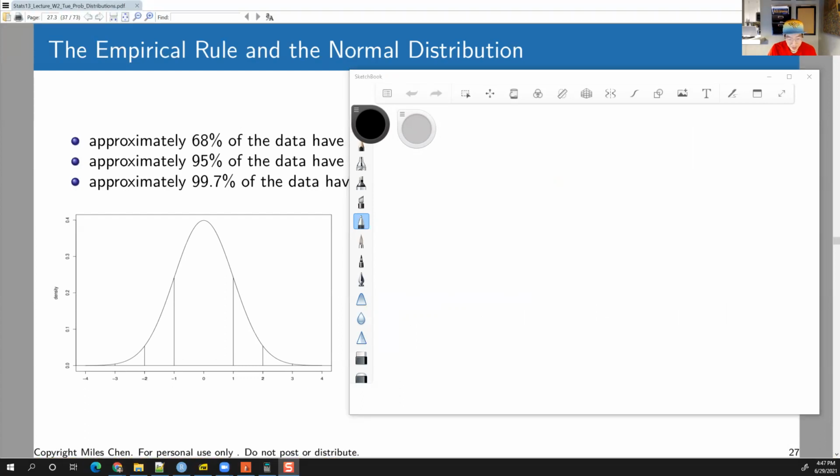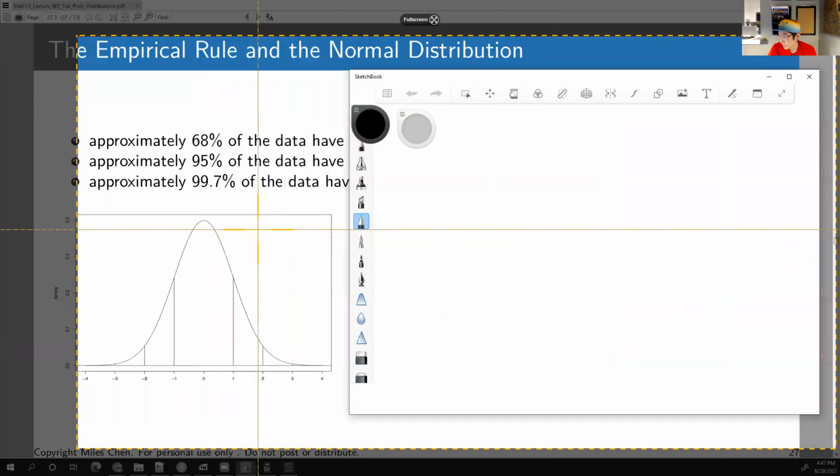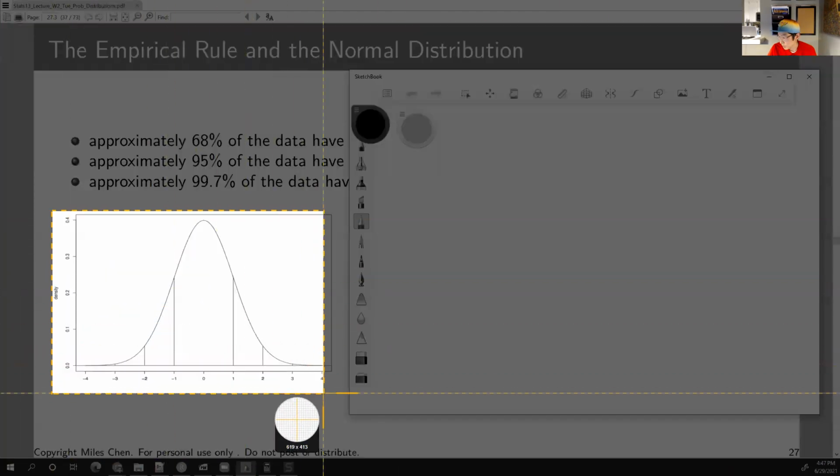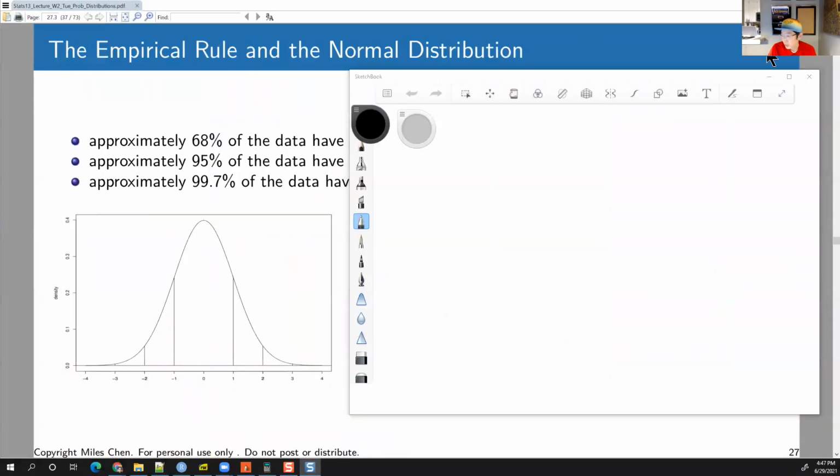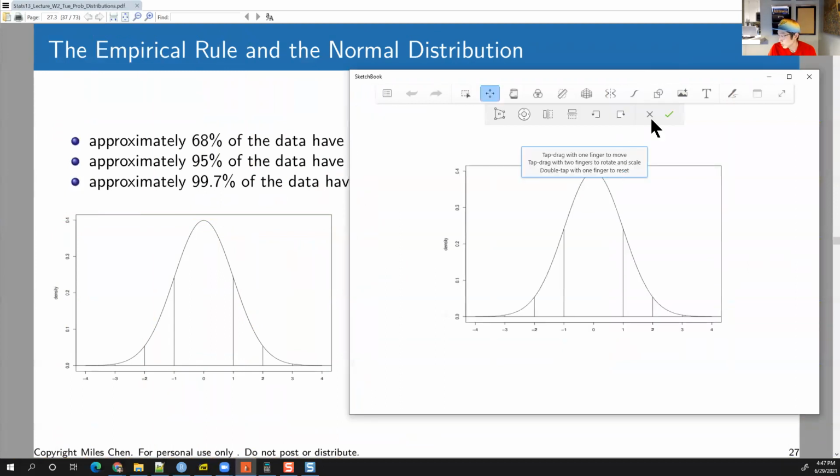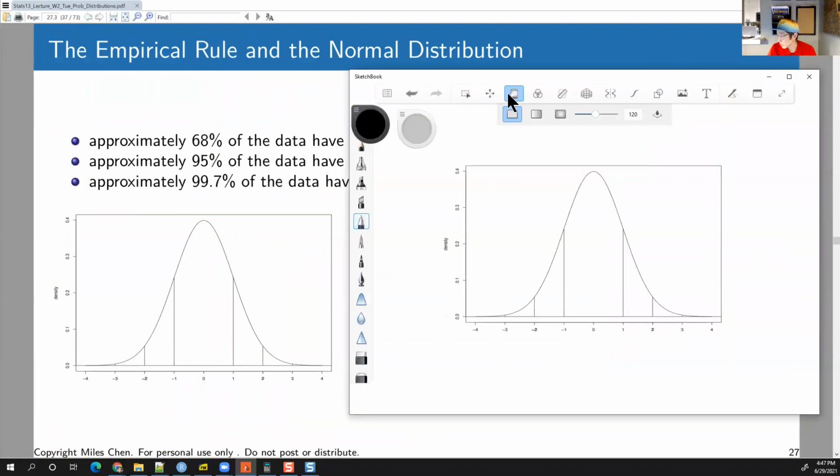The idea being, if I were to shade this region here.